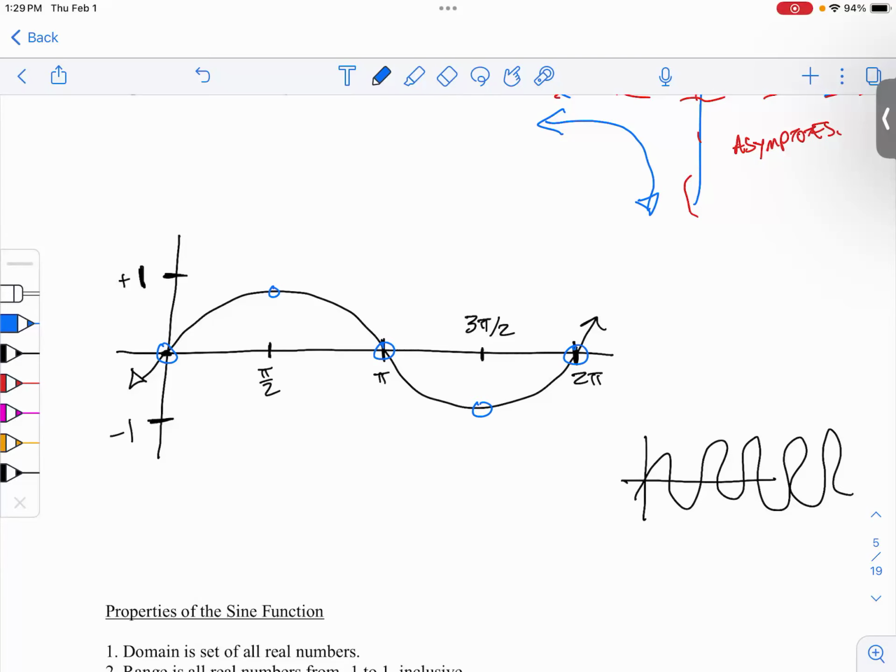All right, let's look at this on the calculator, and I want to show you a couple things. On your calculator, put sine of x in there, and hit graph. Depending upon what your scale is, if you have your standard graph, that thing looks like an absolute nightmare.